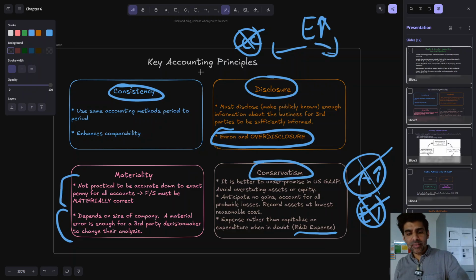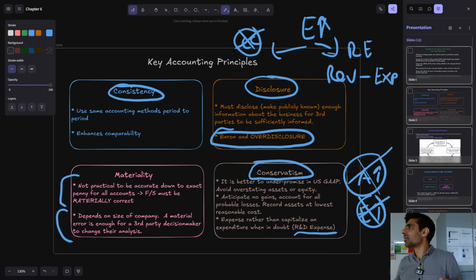But within retained earnings, there's revenues minus expenses. Dividends, that's also kind of a fixed amount, so there's no real risk there. The risk is that you're going to recognize a revenue that you didn't actually earn, right? So in order to avoid equity being too high, you don't want revenue to be overstated.